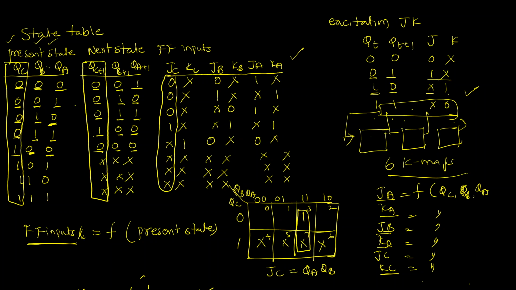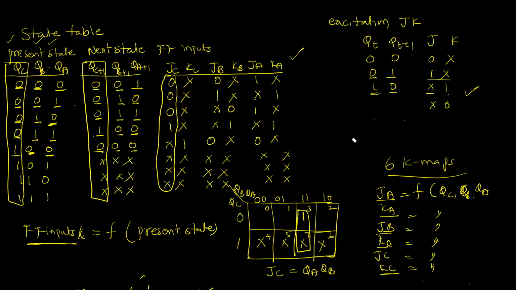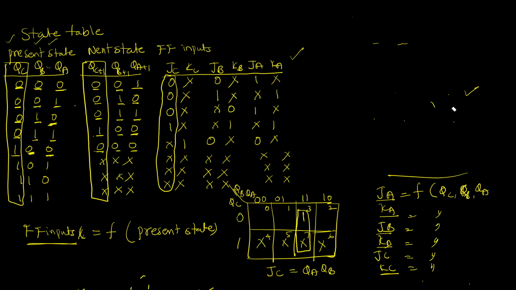Let us erase what is not required and try some more K-maps. I don't require this further. Let us take some more tables and K-maps and try to solve. So I take a K-map and enter the values.